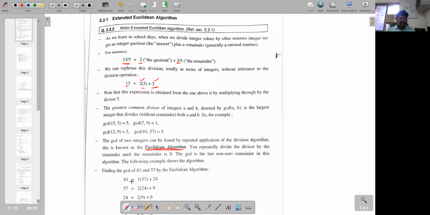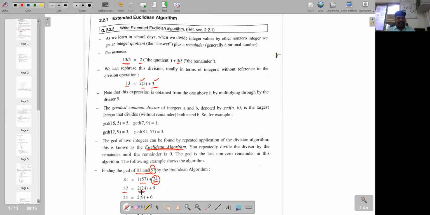For example, to find the GCD between 81 and 57 using the Euclidean algorithm: 81 equals 1 multiplied by 57 plus the remainder value. Then we take this remainder.